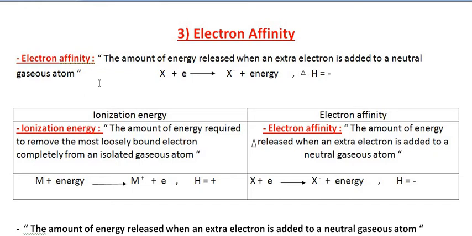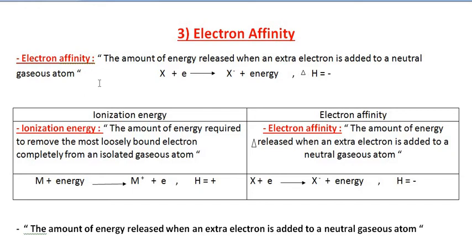If the atom needs this electron and attracts this electron, the amount of energy will be higher. If the atom doesn't attract this electron strongly, the energy released will be small.